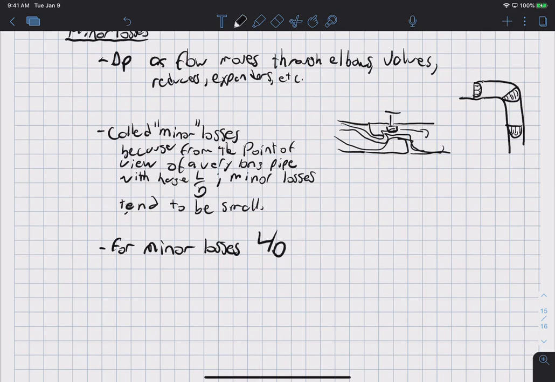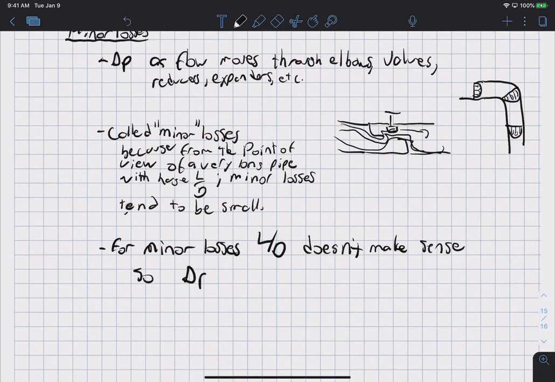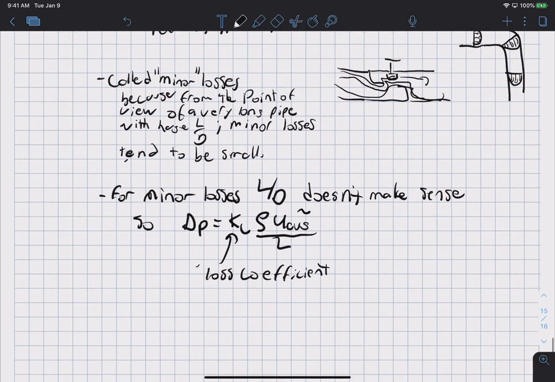Okay, and for minor losses, L over D does not make sense. So we use the other form where delta P is equal to a loss coefficient, K_L, times the dynamic pressure. This here is a loss coefficient, and this is dependent on a lot of things.